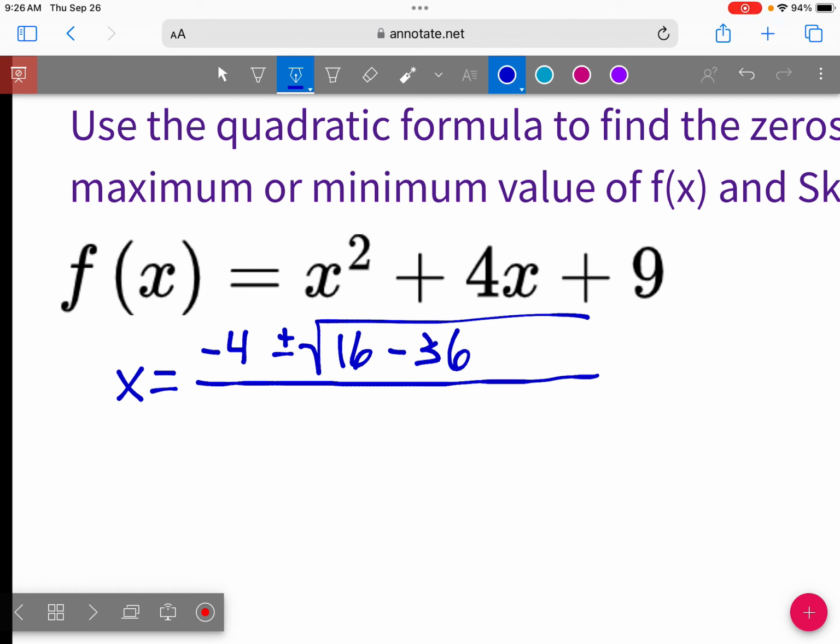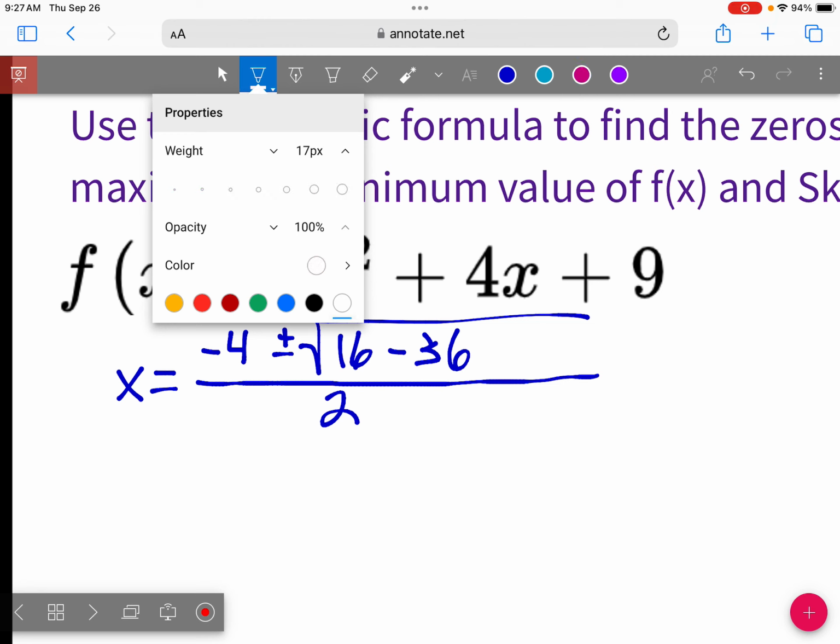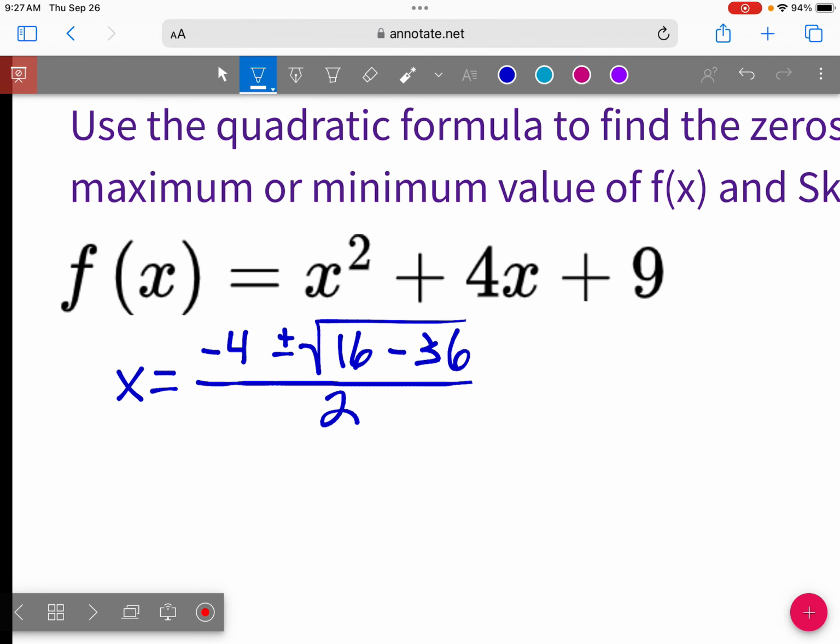Oop. Over 2. And I went a little aggressive on my fraction bar here. So let's simplify this. I've got my -4 plus or minus. What's inside my radical? -20.